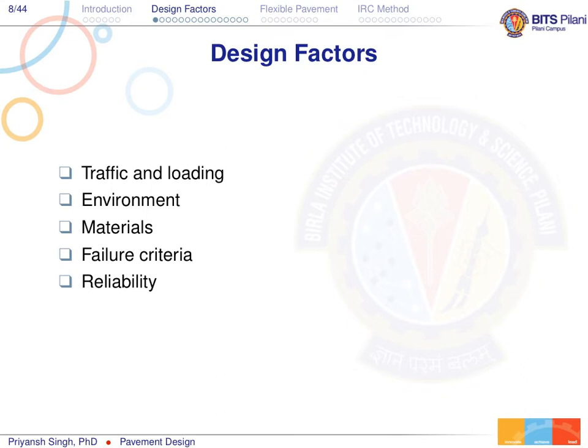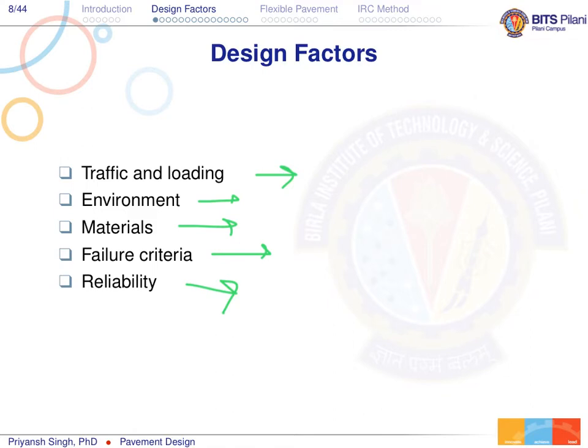Different factors which will be required for designing a pavement are traffic and loading. That means a load, map it with a beam design, then the environment, the climate, etc., then material characteristics, then failure criteria, and then reliability. Reliability here will indicate how reliable your design will be.